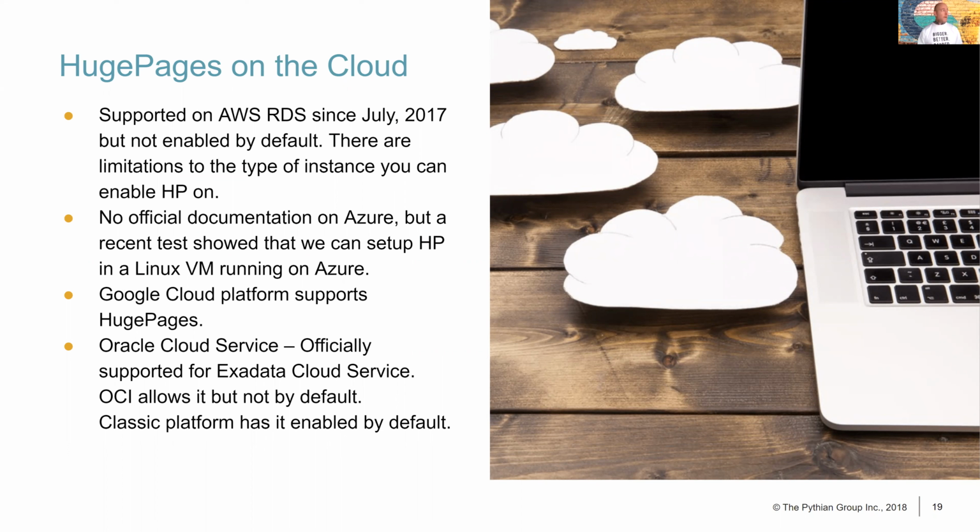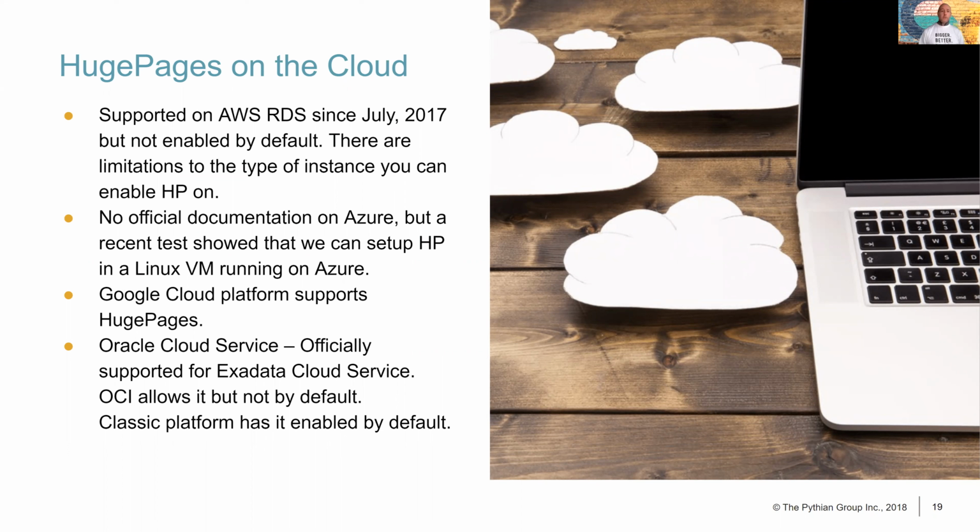I've been unable to find any official documentation on Azure, but I ran a few tests and I found that you can set up HugePages in a Linux virtual machine running on Azure. So the full support will probably come if it is not there already.